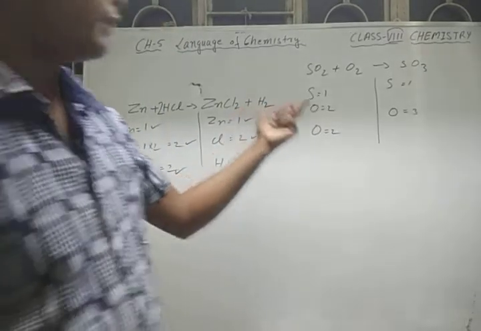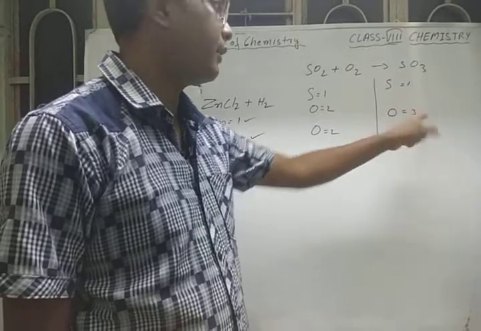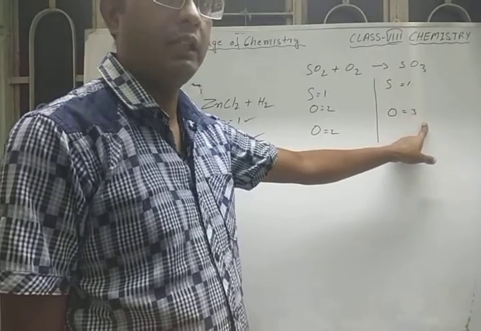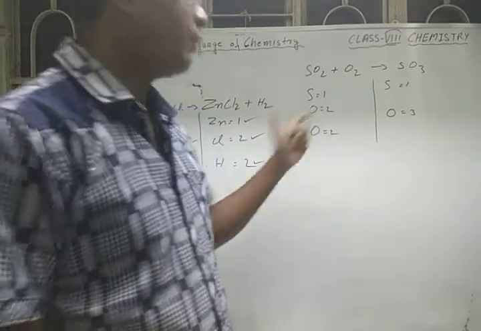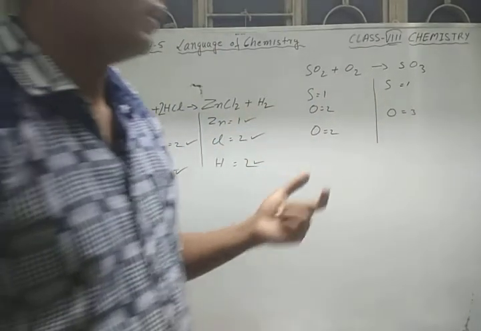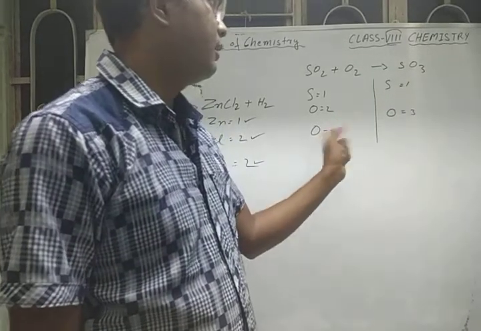You can see in the reactant part there are 4 atoms of oxygen, 2 plus 2, 4, but in the product part it has only 3 atoms. The common multiple of 2 and 3 is 6. So we will try to make it 6 in both cases.